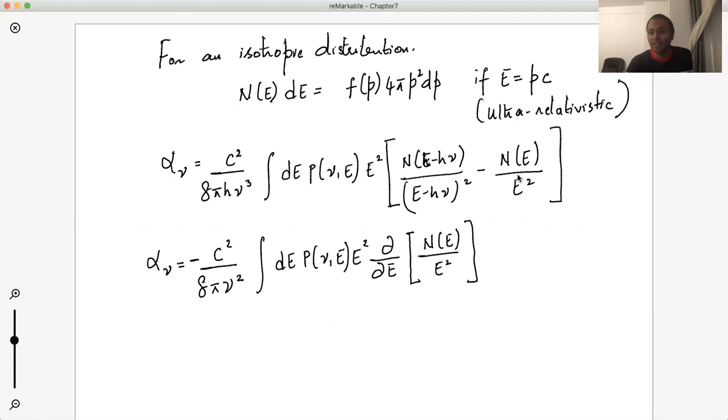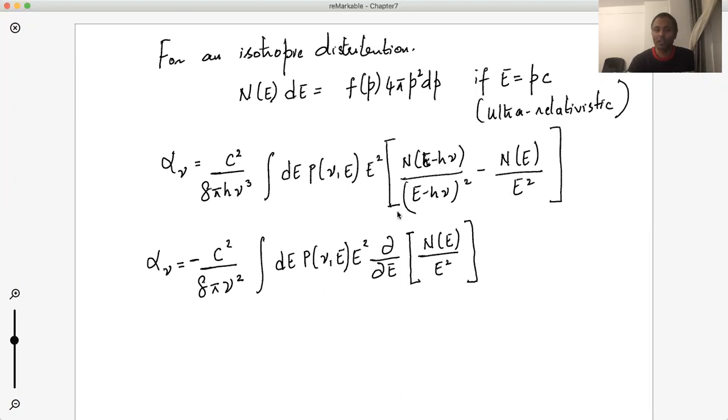So this difference here can be cast as a derivative, because h nu is such a small quantity that it can be cast as a derivative without making much error. Because h nu is far, far less than E, I can basically write the whole thing as a derivative taken over a difference equal to h nu.